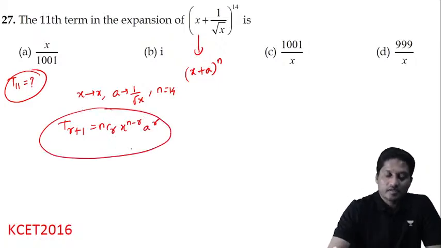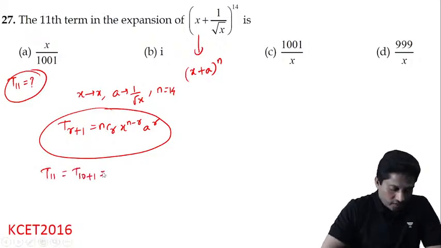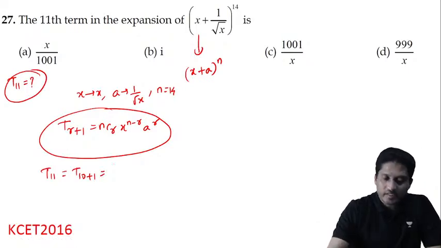The 11th term T11 is equal to T(10 plus 1), equal to nCr, that is 14Cr, x to the power of n minus r, that is 14 minus r, into a power r, 1 by root x whole power 10.